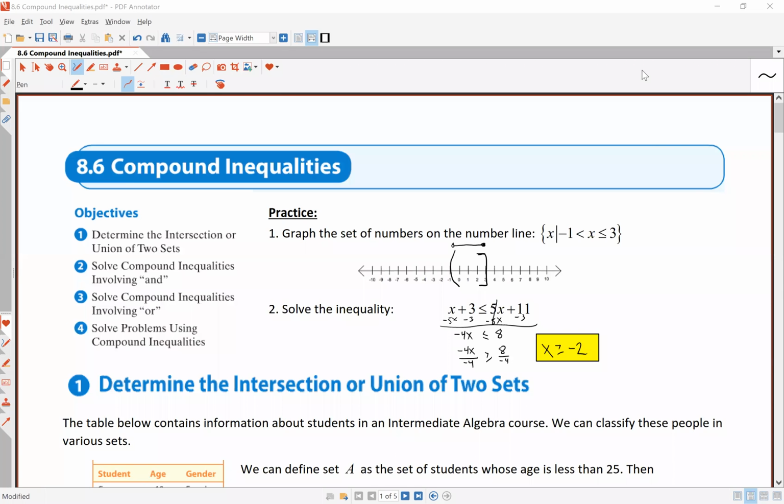This video covers Section 8.6, Compound Inequalities, Objective 3, Solve Compound Inequalities involving OR.